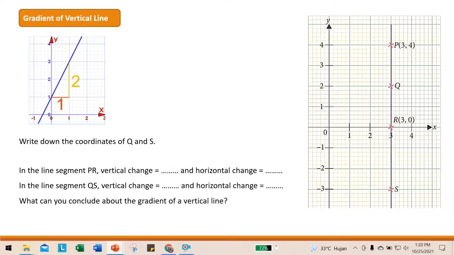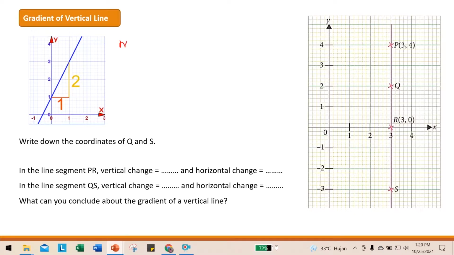Gradient of a vertical line. Now, remember how to get the gradient. This line is going up. The slope is upwards. Remember, if upwards, the gradient is positive.